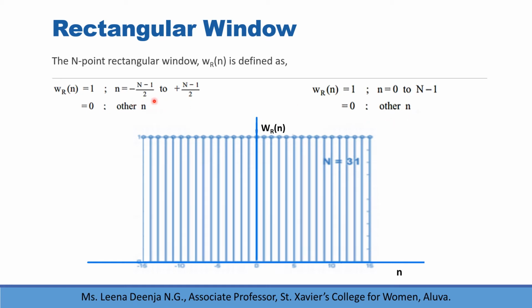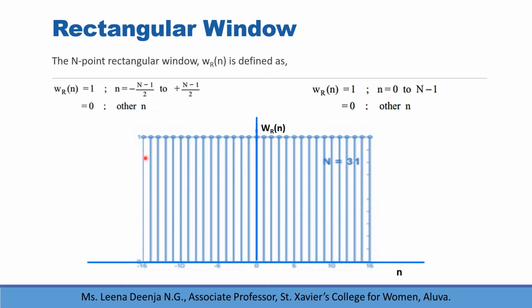If we use this equation for this rectangular window, when N equals 31, minus (N minus 1) by 2 is minus 15 and plus (N minus 1) by 2 is plus 15. So, if we plot this w_R of n versus n, then for minus 15, w_R of n is 1.